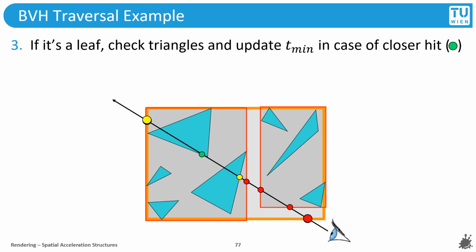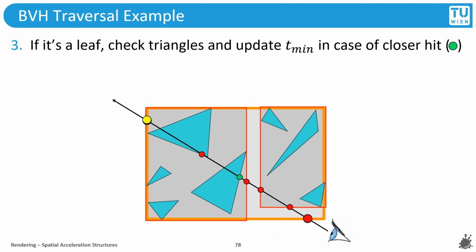Note that the triangles in a leaf node are in general not sorted in any particular order in relation to the view ray. So the first intersection that we find in the list of triangles in a leaf node is not necessarily the closest one. However, at any point in time where we find an intersection that is closer than T min, we update it.